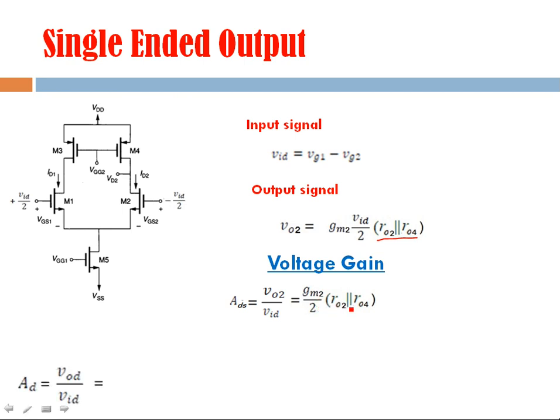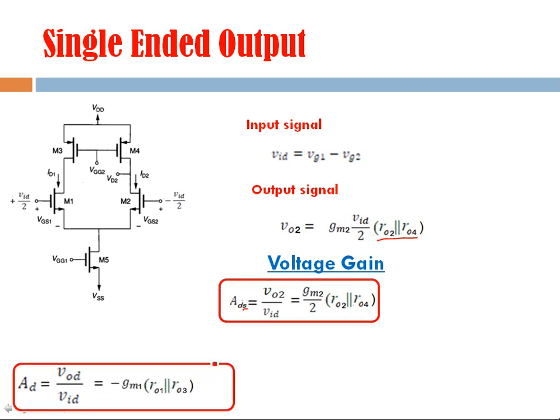And if you remember, this is the single-ended voltage gain, so this S indicates single-ended. And if we talk about differential output gain, it was differential output divided by differential input, and it was given by this equation, right? So remember these two gains. This gain is for single-ended output and this is for differential output, right?